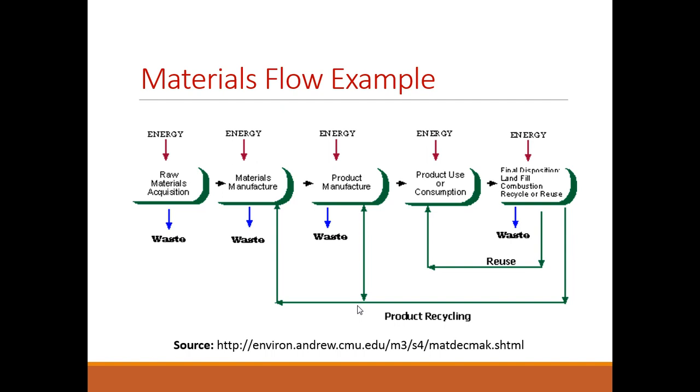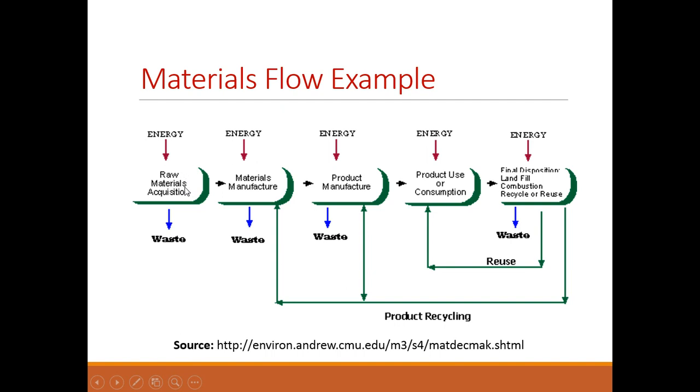Here we have a nice little schematic diagram to help us understand this concept a little better. If we are working with raw materials to produce something, we will start with the acquisition of the raw materials. If we're thinking about lumber, for example, raw materials acquisition of the timber will require the use of energy.